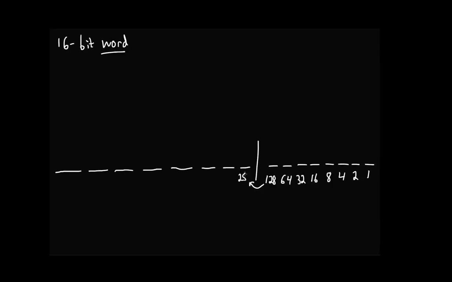So the least significant bit over in this byte would have been 1 if it was a separate byte, but adjoined, now it's not the least significant bit, it's 256, and we keep going.